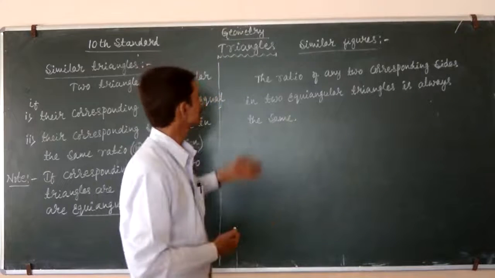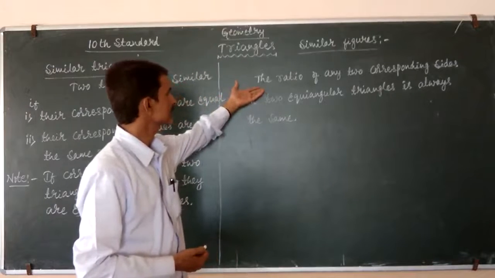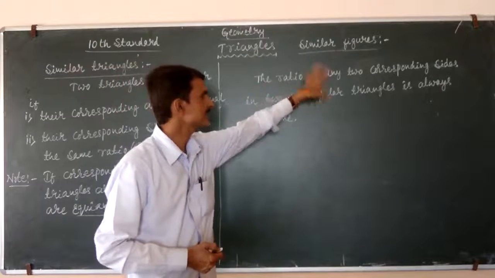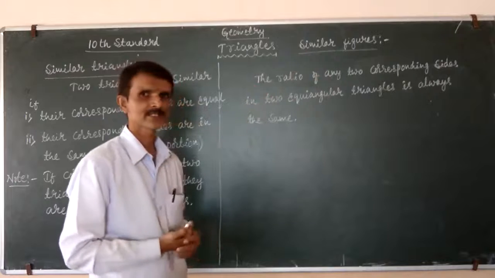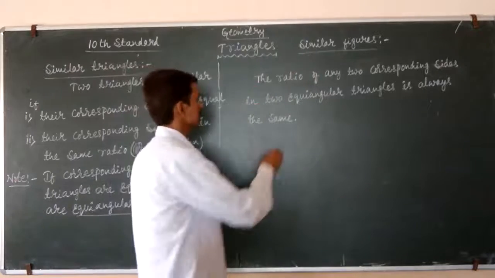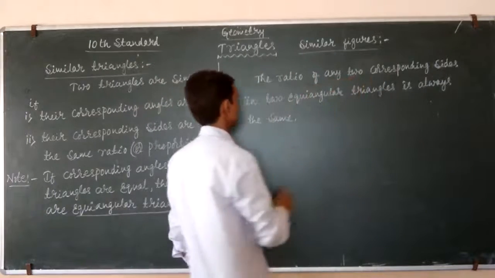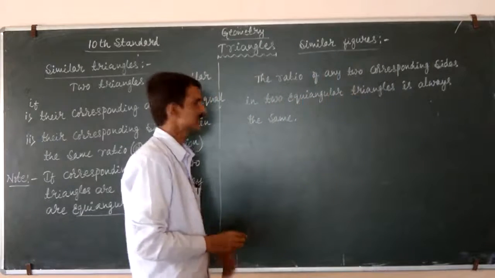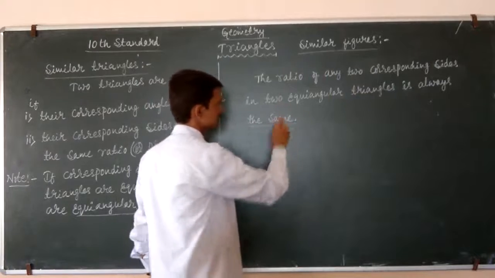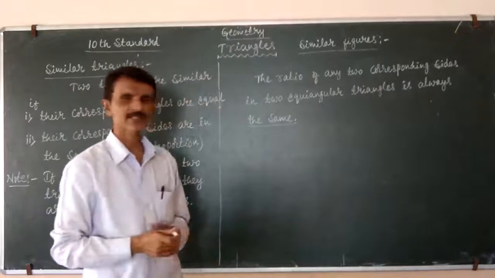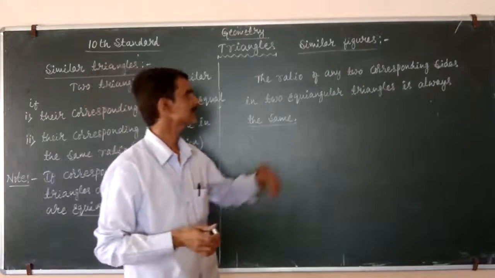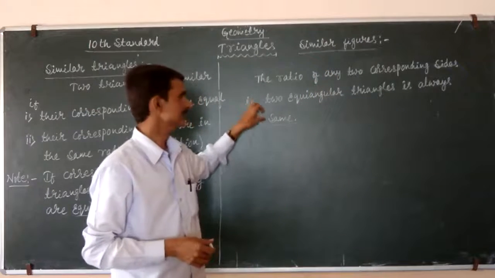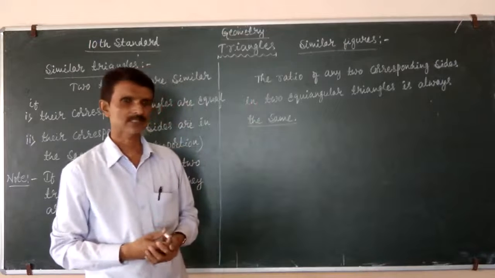Next, coming to this point, the ratio of any two corresponding sides in two equiangular triangles is always the same. In equiangular triangles, if we take the ratio of the corresponding sides, they must be equal.